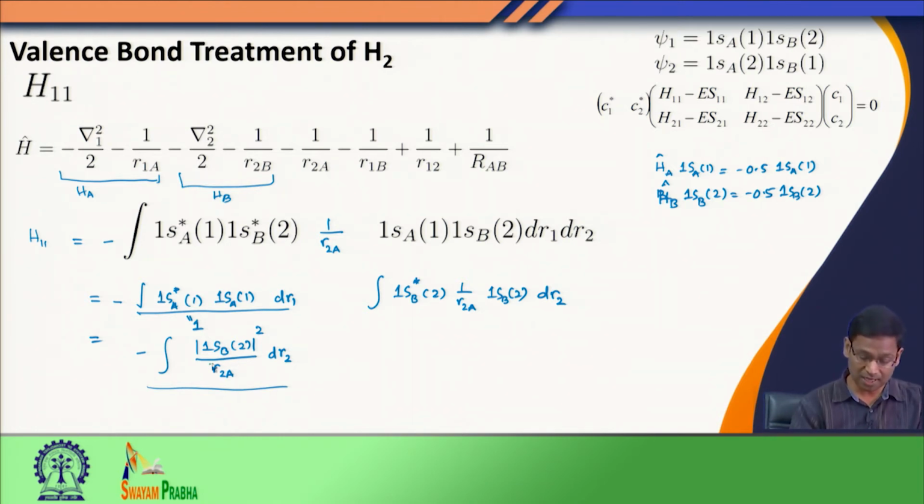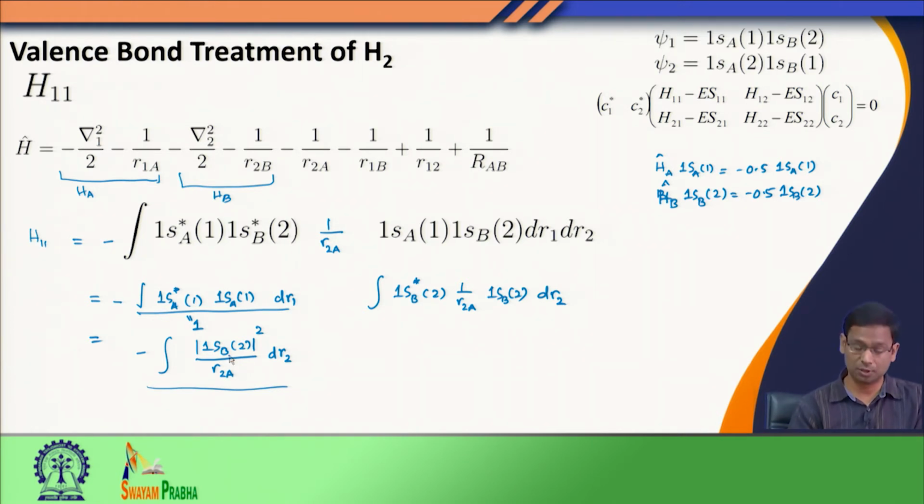When I look at this 1 over r_2a, it reminds me that this term is the interaction between two things: the electron density corresponding to electron number 2, which is under the influence of nucleus B, and the nucleus A. So this term is expressed as a Coulomb interaction term, where the two charges are the nucleus A and the electron density distribution corresponding to electron number 2.